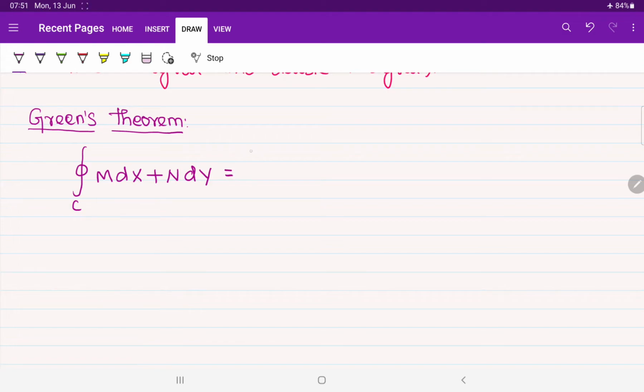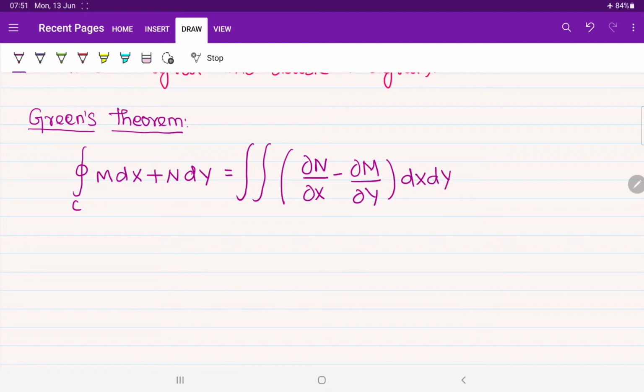It can be converted into double integral form. Just observe here, in the double integral form it can be written as the double integral of (dou n by dou x minus dou m by dou y) dx dy, that's all.